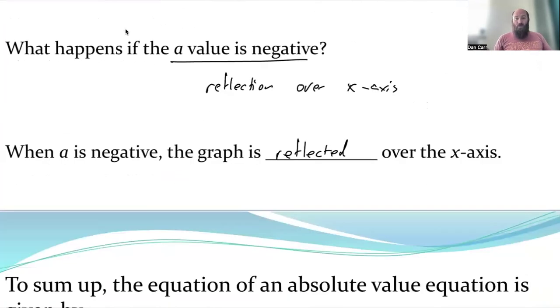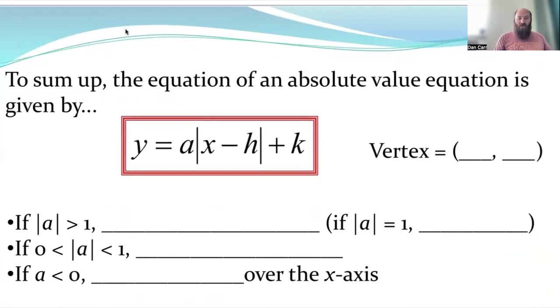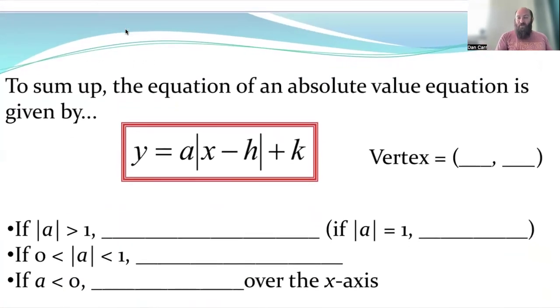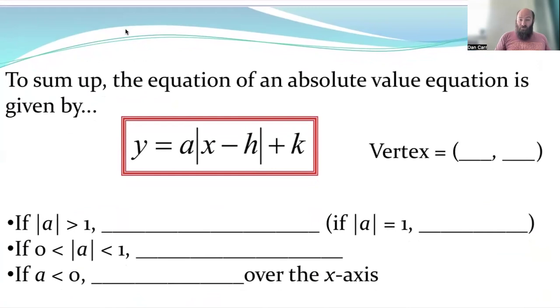All right, so to sum up, the equation of an absolute value equation is given by this: a times the absolute value of x minus h, plus k. Our vertex is always going to be the point h, k. And again, notice that it is the opposite of what's inside the absolute value, but the same as the number on the outside.